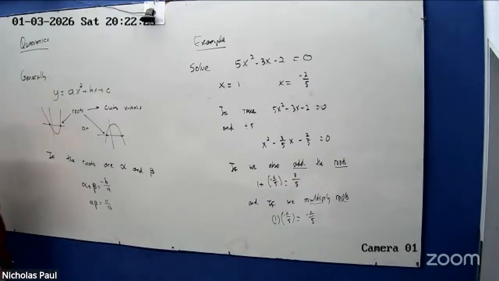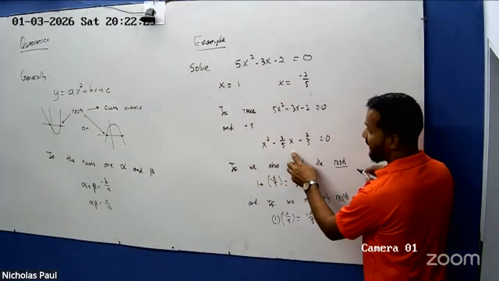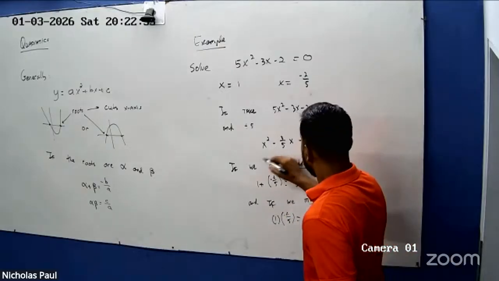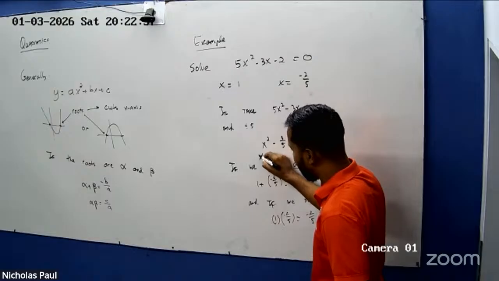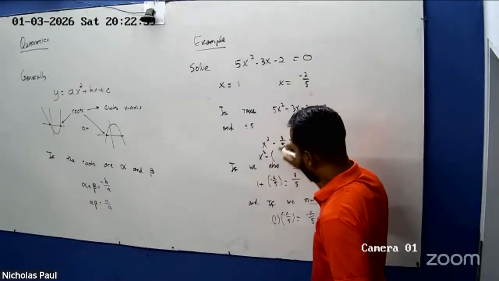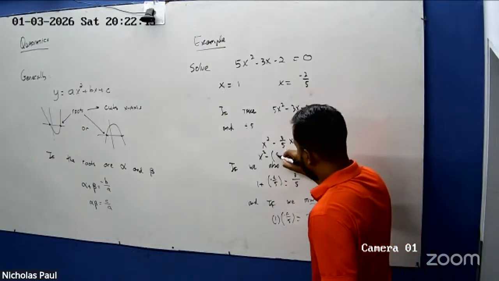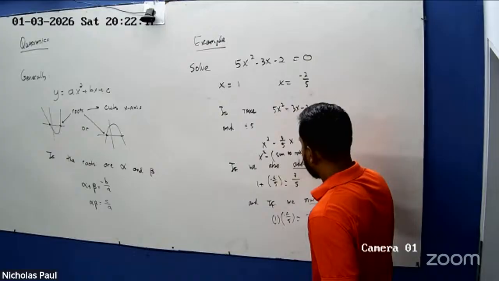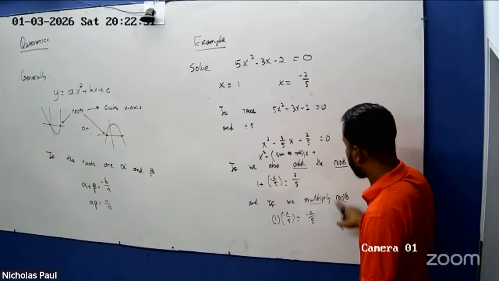One last thing that I want you to recognize, if you watch this closely here: a quadratic can always be written like this: x squared minus the 3/5 is the sum, plus minus 2/5 is the product.